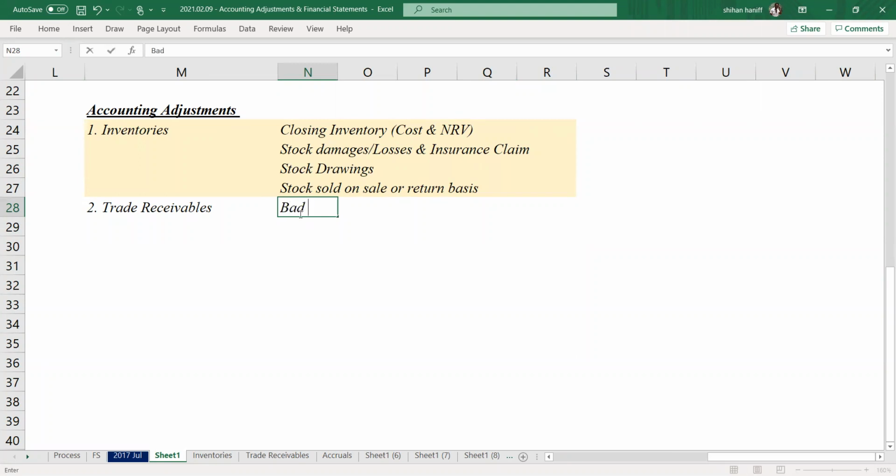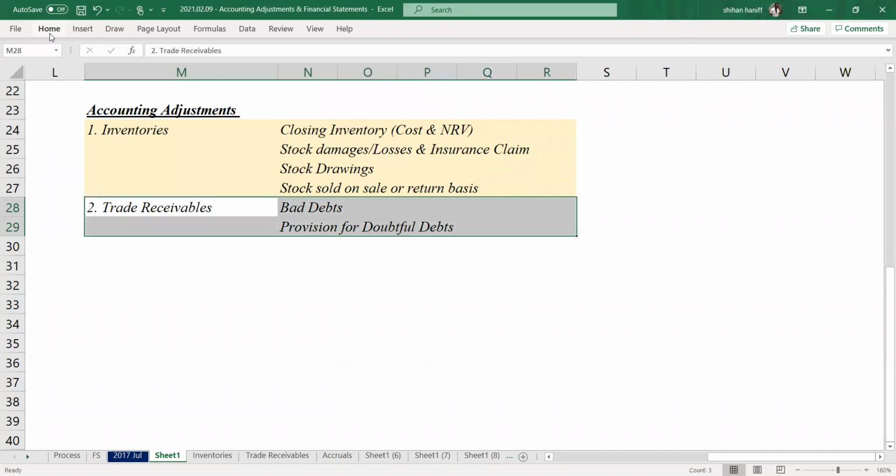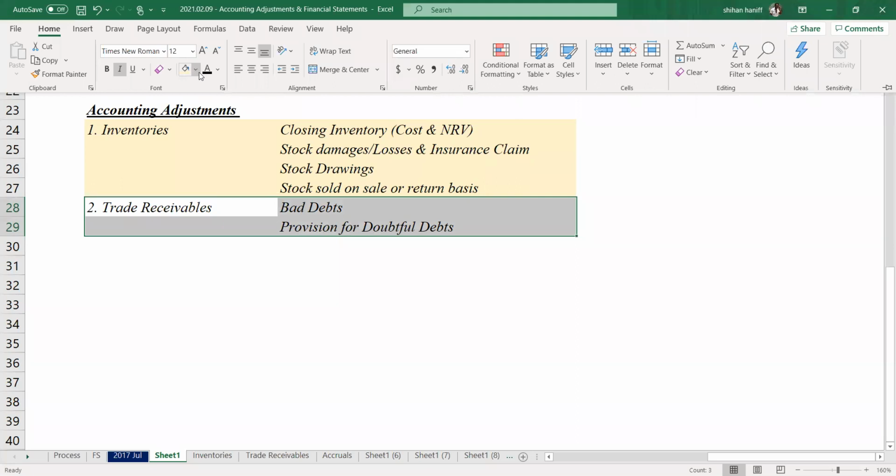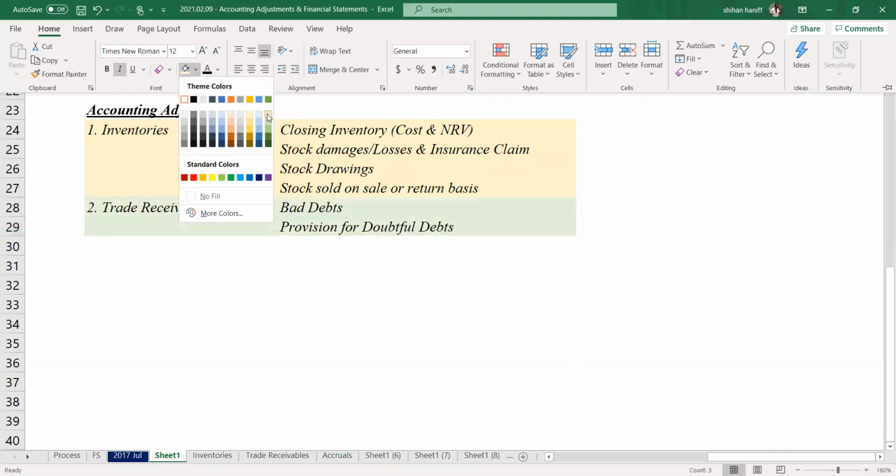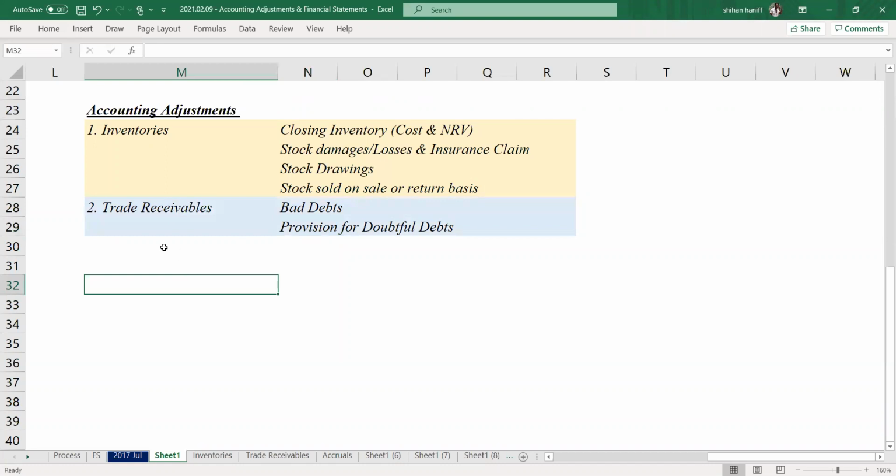One is bad debts, and one is provision for doubtful debts. Two adjustments related to trade receivables: bad debts and provision for doubtful debts.